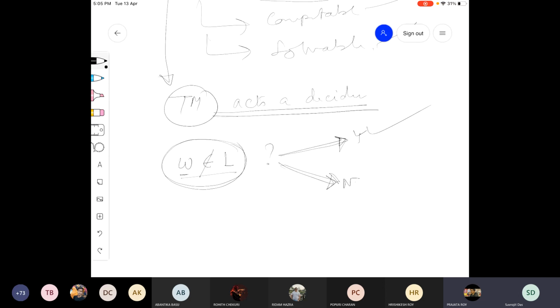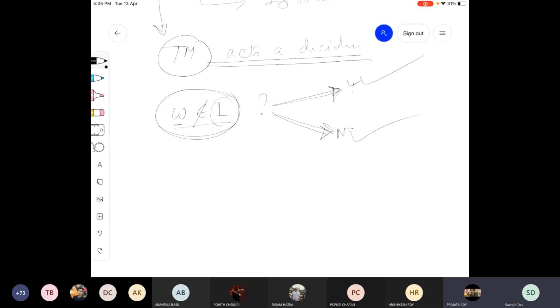If W is not a member of L, it says no. For all such languages L for which a Turing machine can say that a string belongs to that language L, or if a string doesn't belong to this language L, it can deterministically say no, those languages are called decidable languages.